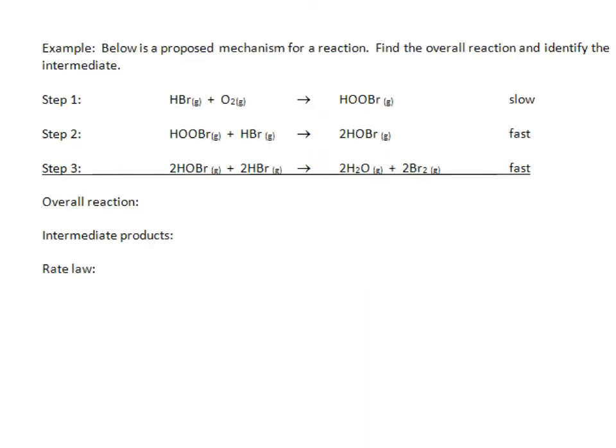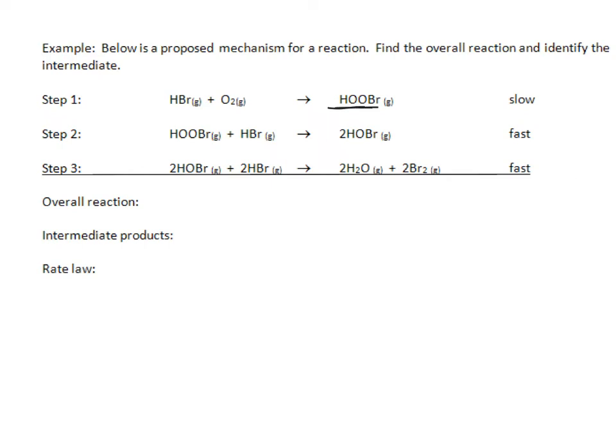And here's that example. Below is a proposed mechanism for a reaction. Find the overall reaction and identify the intermediates, and then we're going to write the rate law. Let's start by looking at what are intermediates. Remember, the definition of an intermediate is something that is first made and then used in a later step. So if I look at this reaction mechanism, here's step 1. I'm going to take HBr plus O2, and it's going to make HOOBr.